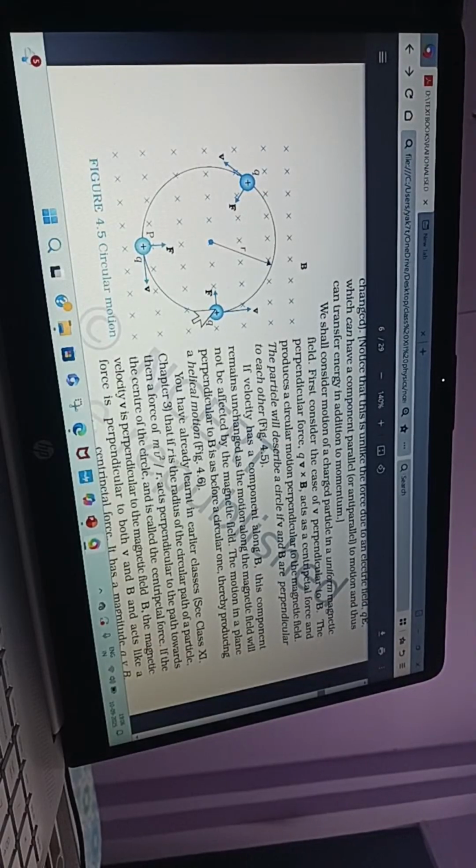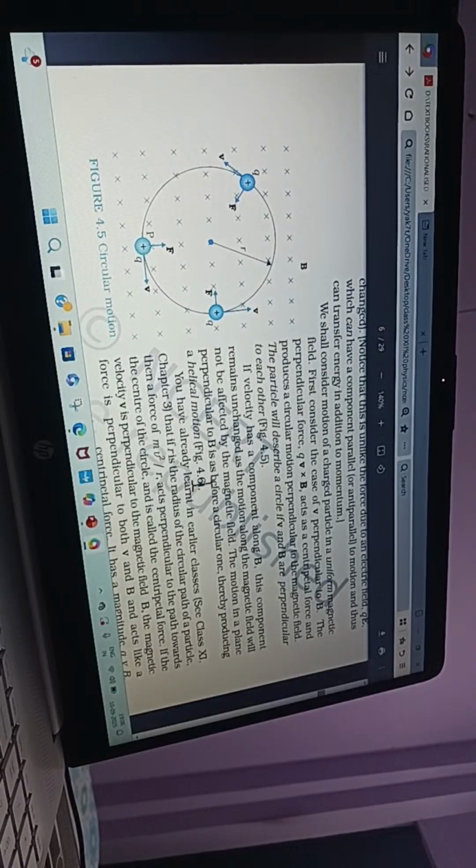So it will be directed towards the mean position, right? And it is directed towards the center. So that is called the centripetal force. Centripetal force is a force acting on a body which keeps the particle moving in a circle. And pseudo force is the force developed because of the centripetal force, equal and opposite, directed away from it. You know pseudo force and all, you are studying in 11th class. So this is the centripetal force.